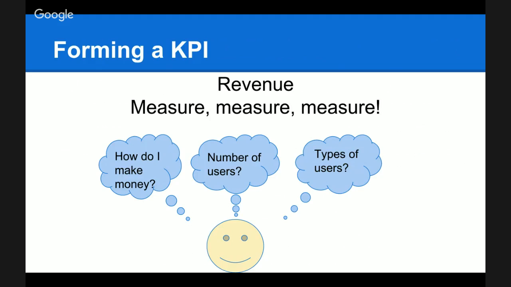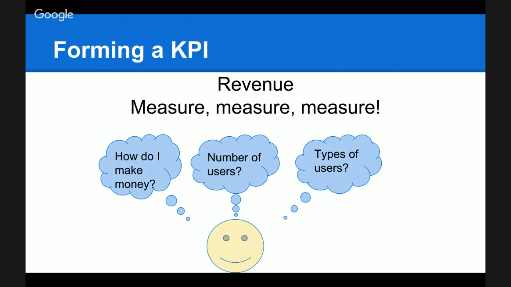So let's say that we focus on any of those: user acquisition, retention, revenue. We need it to boil down to measurements. We need to say, what numbers can I come up with? In the end game, it's all about how much money you're bringing in and what your costs are, but there are many different numbers you can think of.